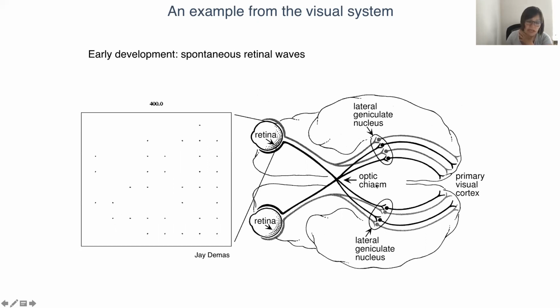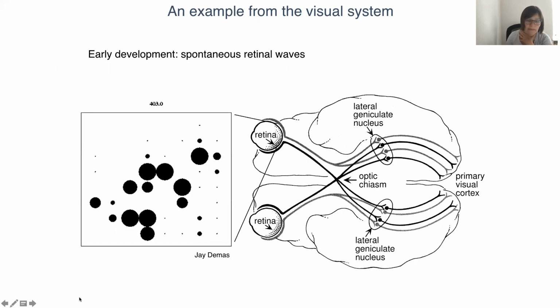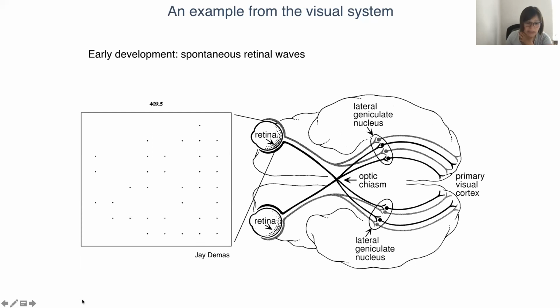I was especially interested in naturally occurring patterns in early development that occur in the form of retinal waves. This is the period when the eyes of the animal are closed, so the animals cannot see anything, yet they still experience patterns of neural activity that have the shape of retinal waves. This is what the retinal waves look like. Here we see completely spontaneous activity. This is not sensory evoked.